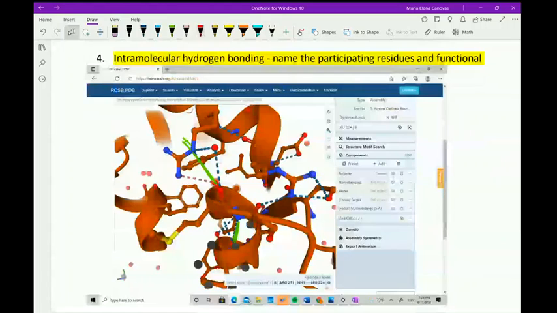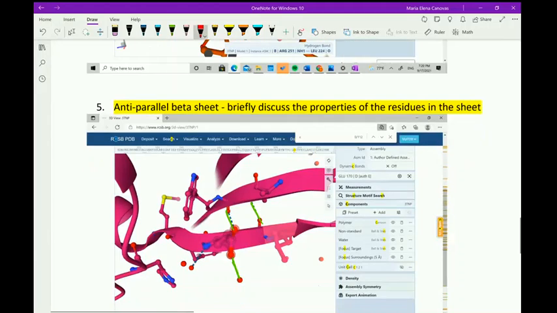Next is the intramolecular hydrogen bonding. Intra means within the same molecule. These hydrogen bonds, as I pointed out, can be between a nitrogen and hydrogen of a nitrogen, or a hydrogen of an oxygen. These are all shown by the dashed bonds.